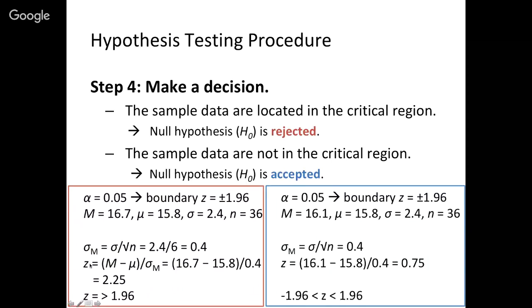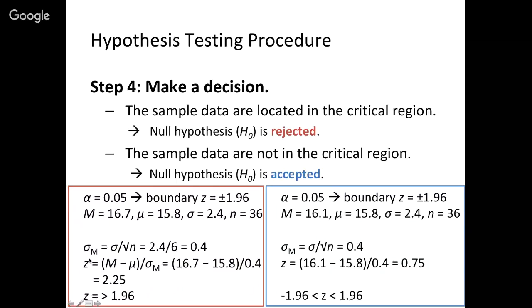And then we compute the z-score of the sample mean. In this example, the sample in the red box, the z-score equals 0.25, and then we use this number to compare with the boundary, right?